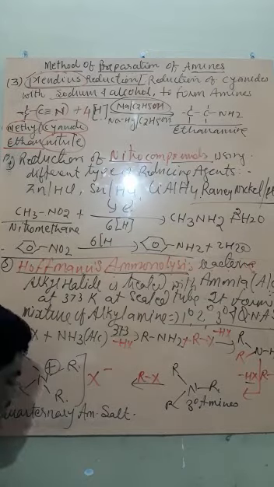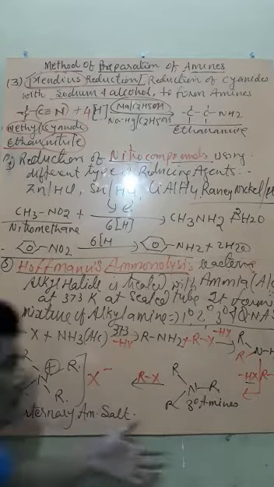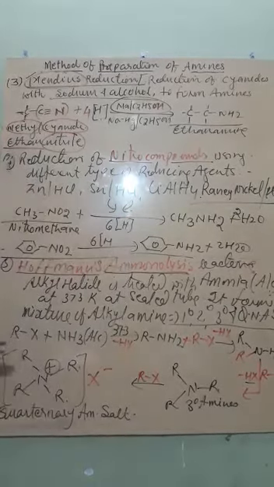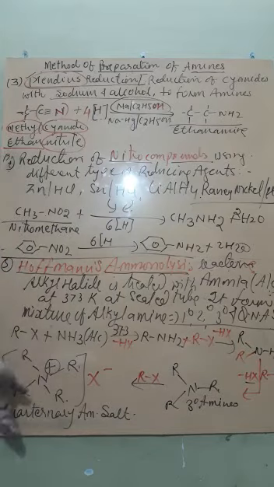Student, this reaction is one of the very typical examples of nucleophilic substitution reaction. Therefore, with this reaction, aliphatic amines can be prepared. Aromatic amines cannot be easily prepared. Why? Because aromatic halides do not easily give nucleophilic substitution reaction.